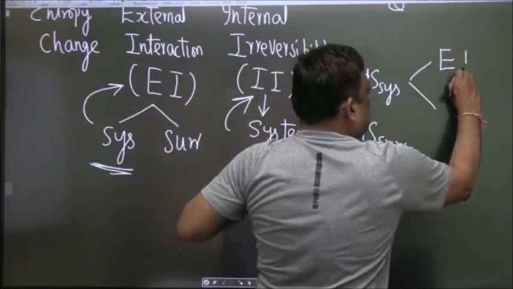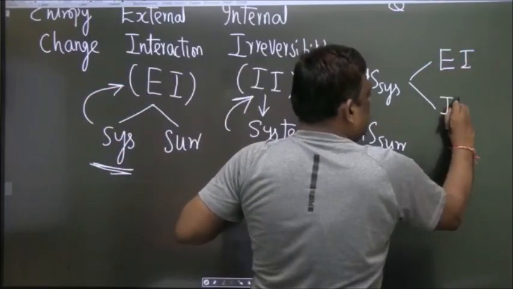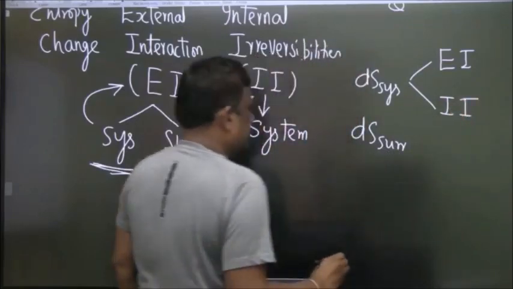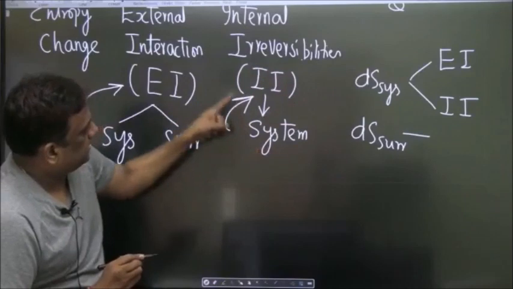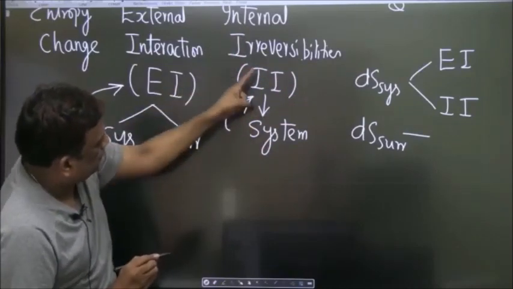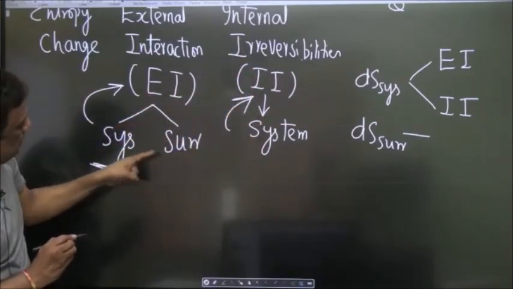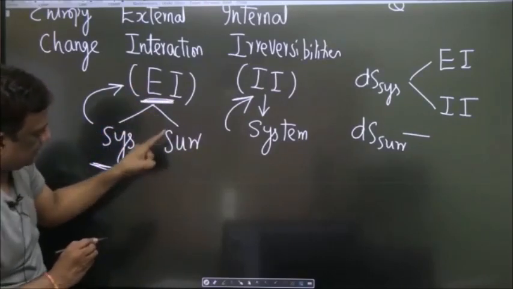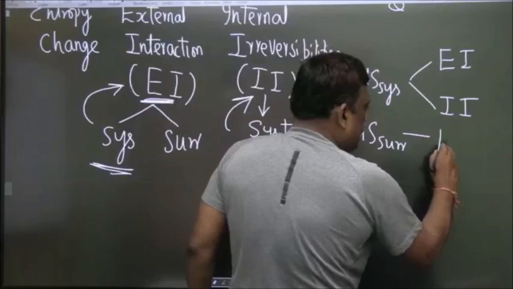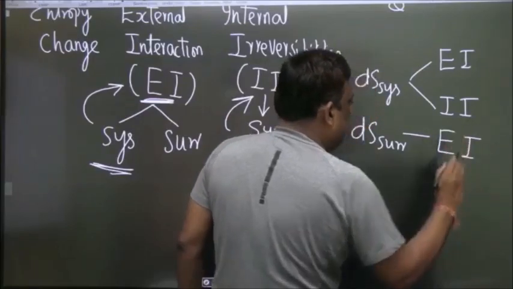But for surroundings, there is no internal irreversibility here, there are no surroundings inside. Here there are external interactions. So the surrounding entropy can change due to external interaction.